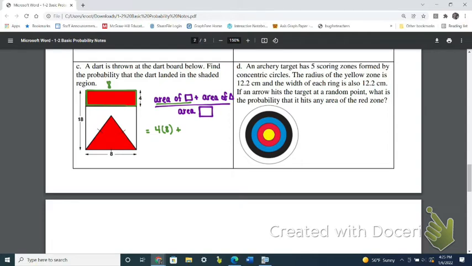Now I need to do the area of this triangle. To do area, I have 1/2 base times height. So I have the 1/2, my base is 8, but I don't know the height. So I need to figure this out.